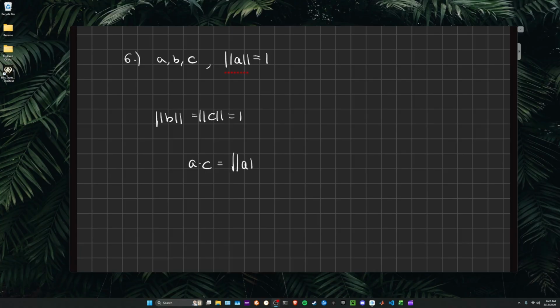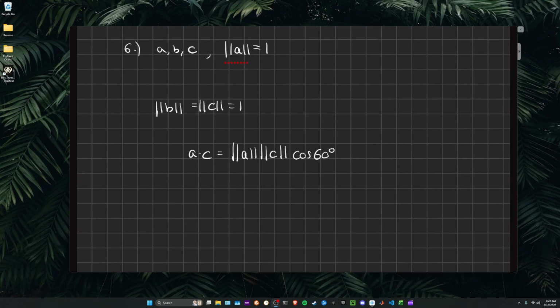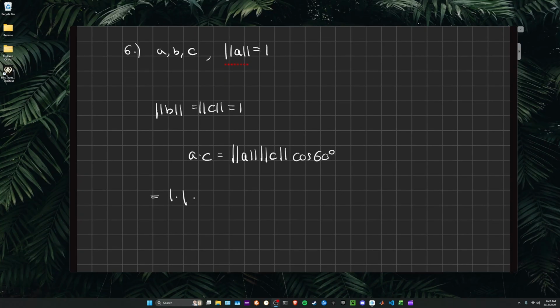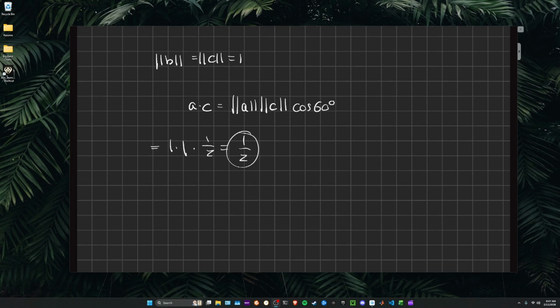So this would be the norm of A times the norm of C times cosine of 60 degrees. We know these norms are 1, so we just have 1 times 1 times 1/2. So this would be 1/2. Would be the dot product.